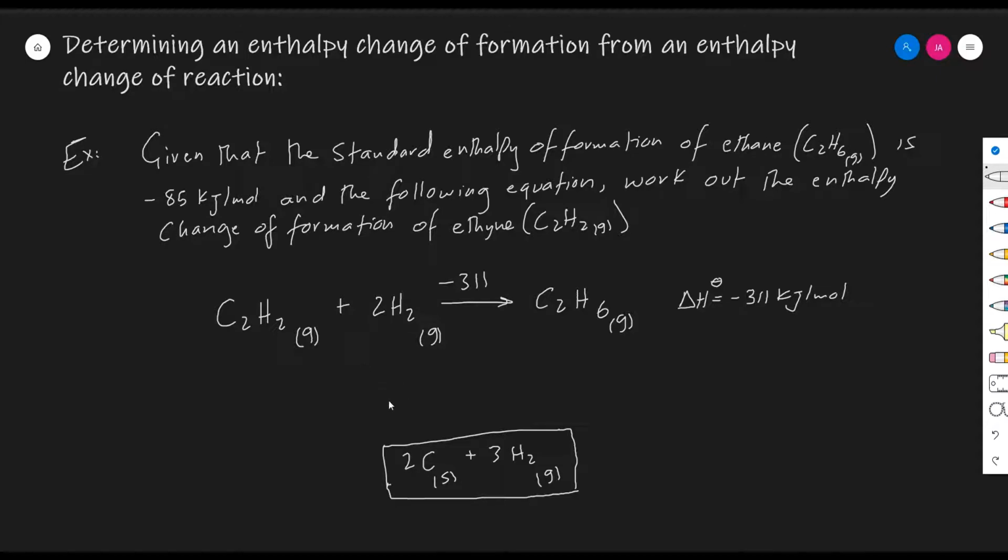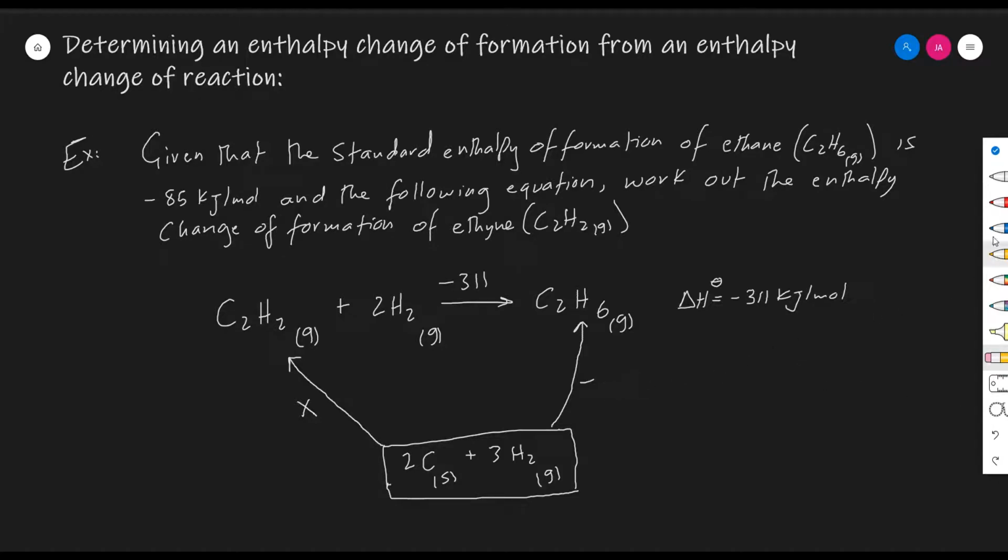The enthalpy change of formation values are always pointing upwards towards the reactants or products as stated previously, and thus the enthalpy change of formation of ethane, which is what the question asks for, would be placed as X, while the enthalpy change of formation of ethane C2H6 is given in the question as negative 85 kilojoules per mole, which I will place here.